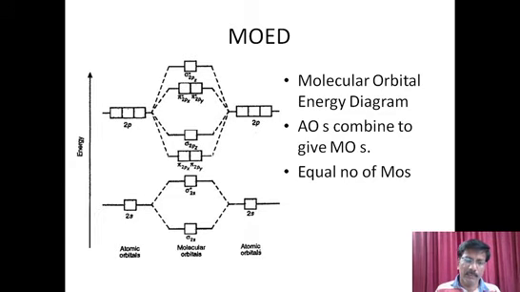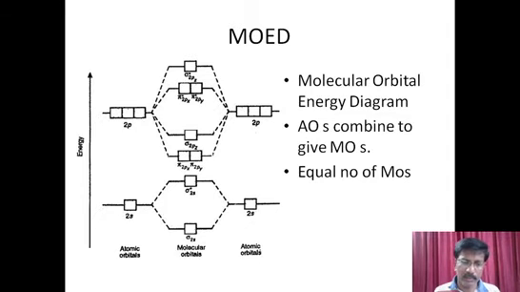So sigma bonding is formed between 2s and 2s, giving two molecular orbitals. One is at lower energy, called bonding, that is sigma 2s, and another is sigma star 2s, which is anti-bonding. Whatever the number of electrons in 2s on the left side and right side, the total number of electrons must be arranged into these two molecular orbitals, sigma 2s and sigma star 2s.